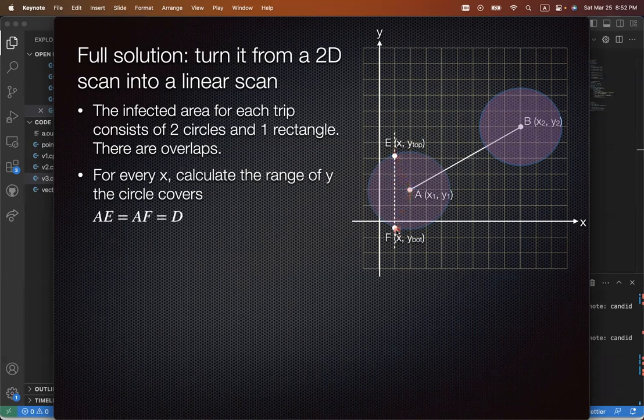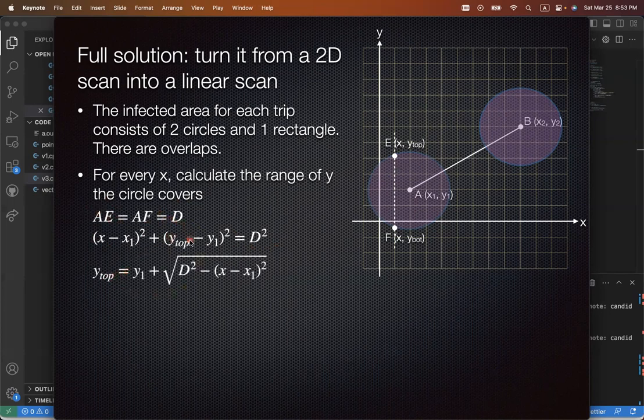They're both radius, and the radius is D in this case, as given in the input. So using Pythagoras theorem, you can say AE is D, so (x minus x1) squared plus (y top minus y1) squared is D squared. That's saying that AE equals D.